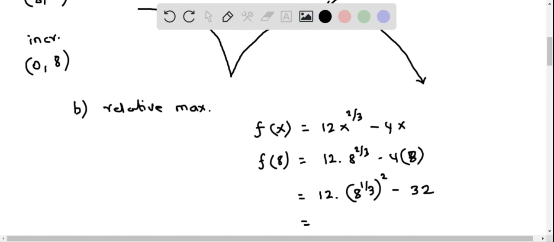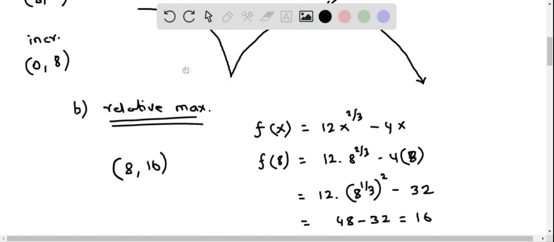And 8 power 1 by 3 is the cube root of 8, which is 2. And 2 squared is 4, and 12 times 4 is 48. So it is 48 minus 32, which equals 16. Therefore, the x, y coordinate of the relative maximum is 8, comma 16. So this is the x, y coordinate of the relative maximum.